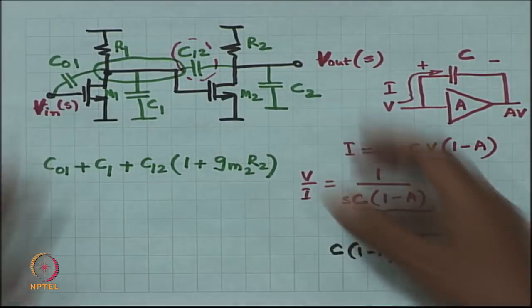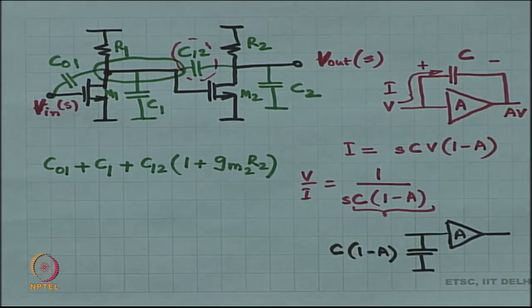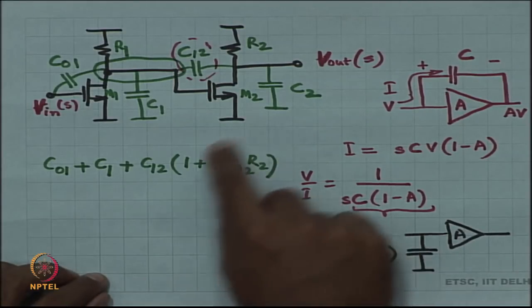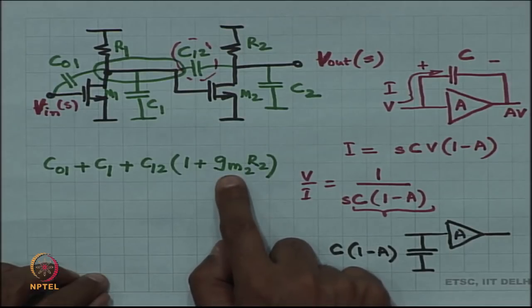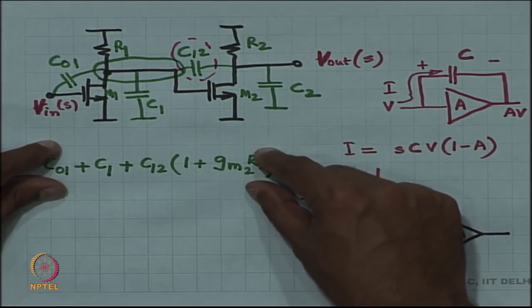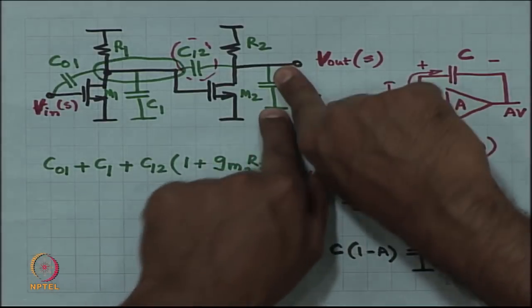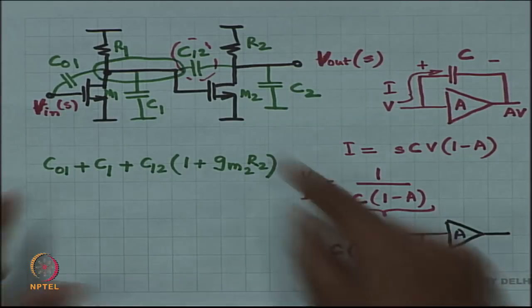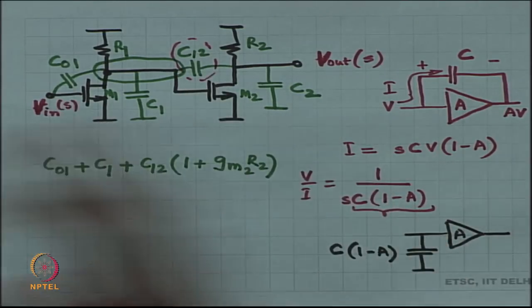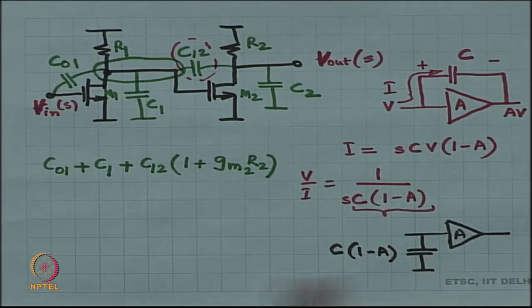Amplifier has large gain that you have designed. So, obviously, GM2 R2 is going to be some large quantity. So, this large quantity can be used to make sure that one capacitance is much larger than the other capacitance, the capacitance at the other node, or in other words, one pole is far removed from the other pole.